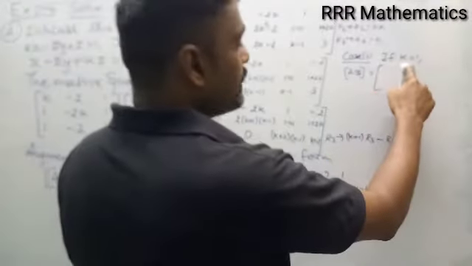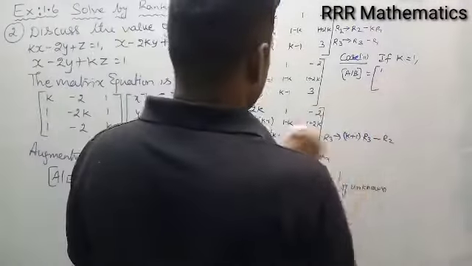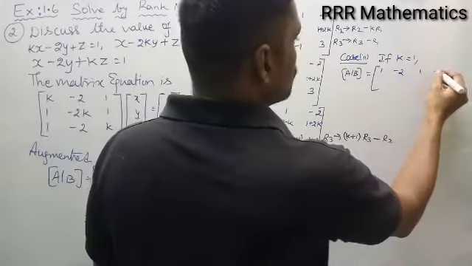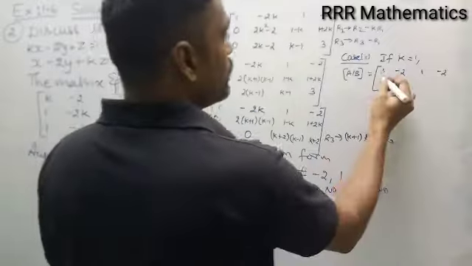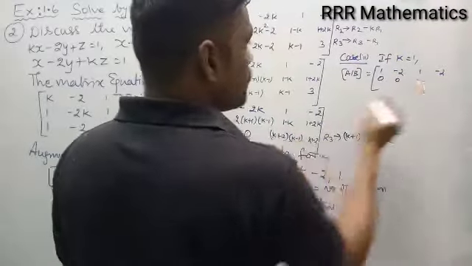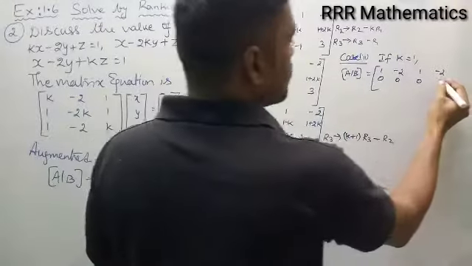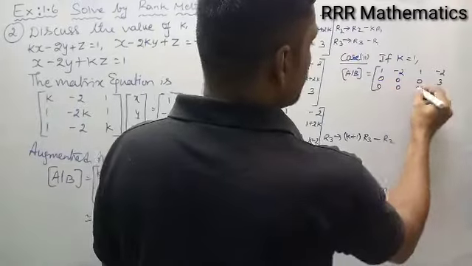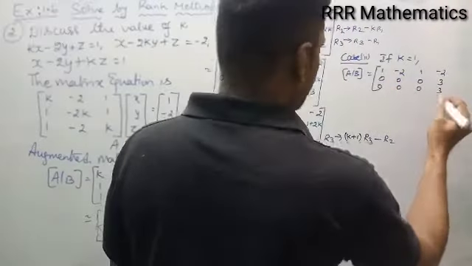If I am taking K equal to 1, what happens? 1 minus 2, 1 minus 2. And this is 0. For 1, the entire term will be 0. This will be 0. And this is 3. 0, 0. This is 0. 0, 0, and this will be 3.